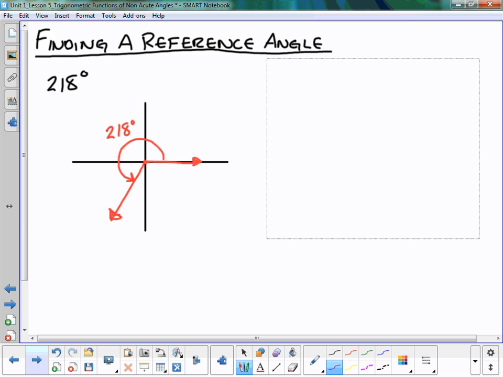So here's our angle, 218 degrees, not acute. Its reference angle is from the terminal side to the x-axis, the one in purple.